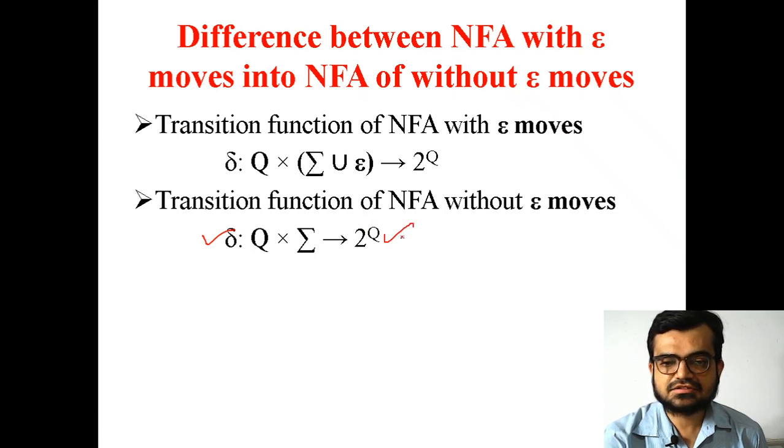In the last session I explained that if we have two states, then it will give you 4. Like that, if it is 3, it will give you 8. Okay, this is NFA without epsilon, meaning normal NFA.